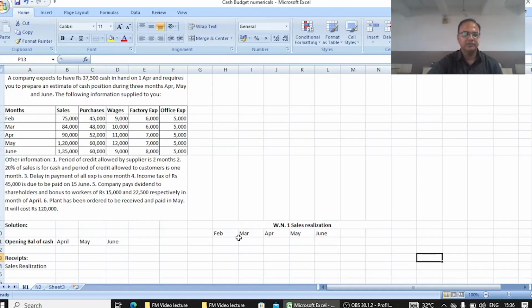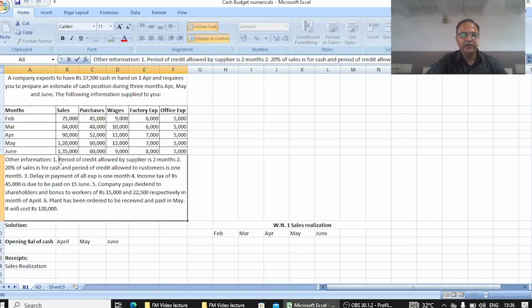If we see carefully, it is written here that the period of credit allowed by supplier is 2 months, 20% of sales is for cash, and the period of credit allowed to customer is 1 month.